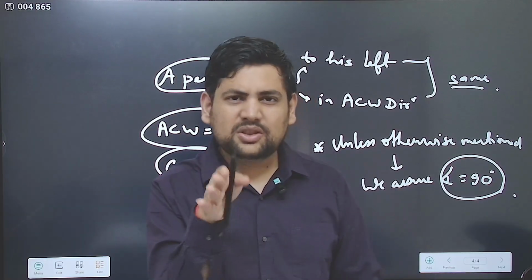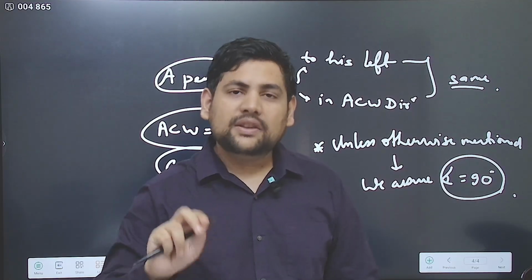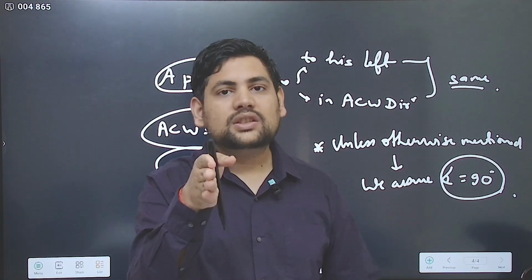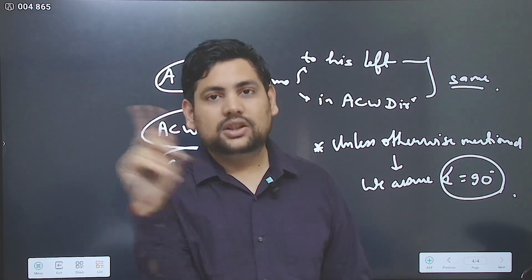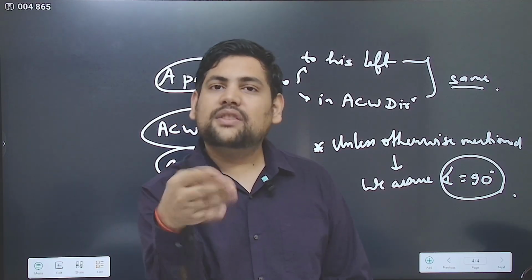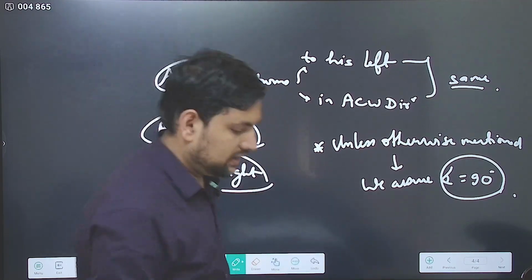You always mostly assume right means 90 degrees. That only you have to assume. Now if it is mentioned that a person moving in this direction then turns 45 degrees towards his right, so his right is this direction, so 45 degrees, then you have to think about the angle. Otherwise, if nothing is given, turns towards his right means simply 90 degrees.